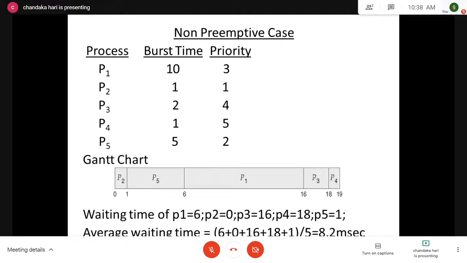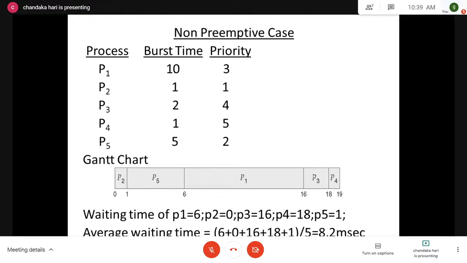Among all these 5 jobs, process P2 has the highest priority, so first we give the CPU control to P2. It executes for 1 millisecond, so P2 is completed at 1. After that, the second highest priority is P5. It requires 5 milliseconds, 1 plus 5, so it is completed at 6.